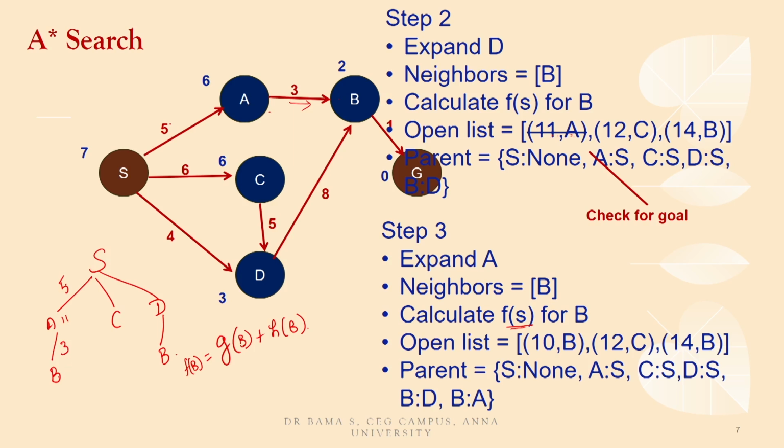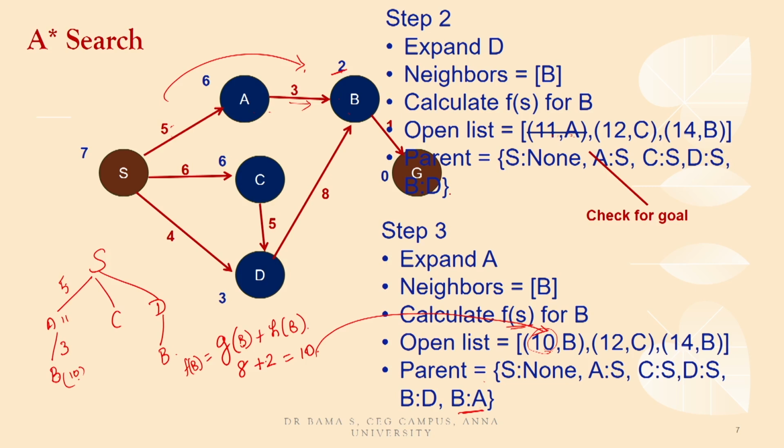So, 5 plus 3 it is 8 plus H of n value which is 2, it is going to be 10. So, this is going to have a value of 10. So, that is how this 10 gets updated into this open list, B with the f of n value of 10. Now, the parent will be updated by appending B's information with A.